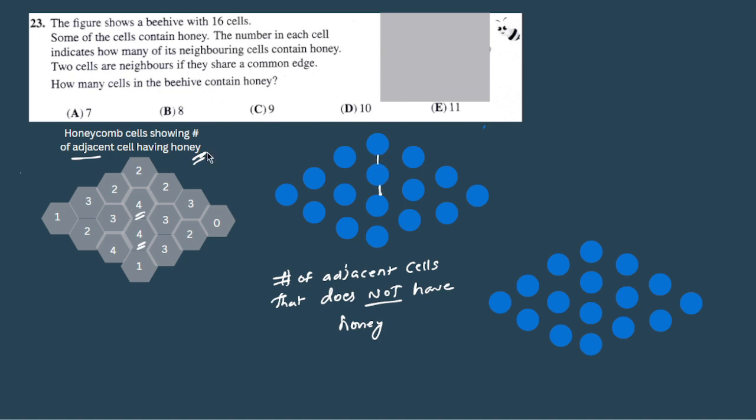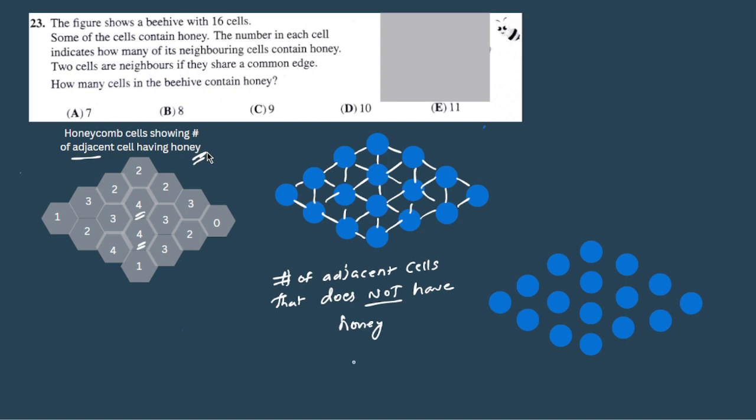So you can see these are adjacent cells, these are adjacent cells, these are adjacent cells, these are adjacent cells. So now I redrew the grid.